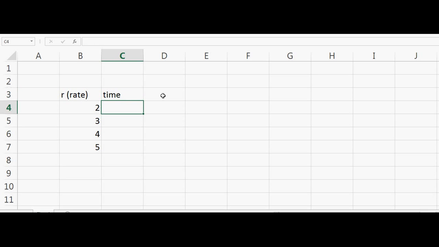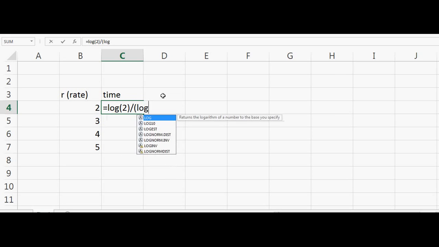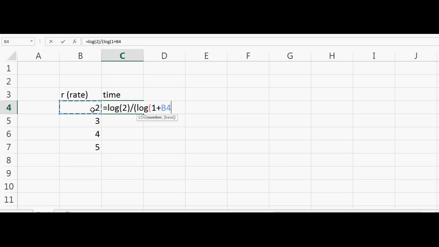So time should be equal to, as we calculated before, log of 2 divided by log of 1 plus r over 100, because this is in percentage, right? So it says 35 years, right?